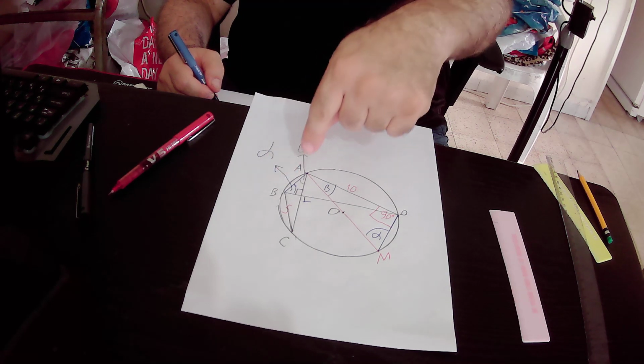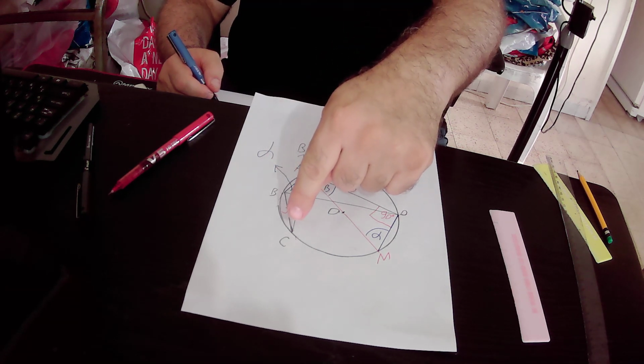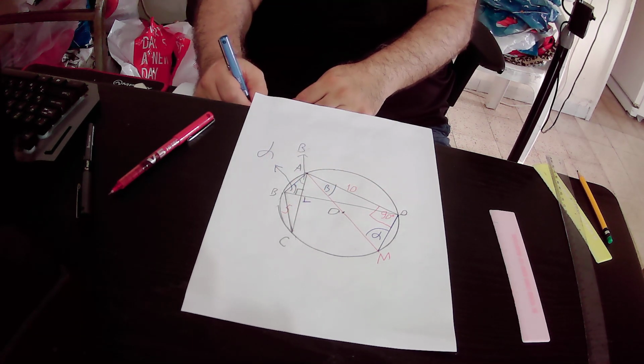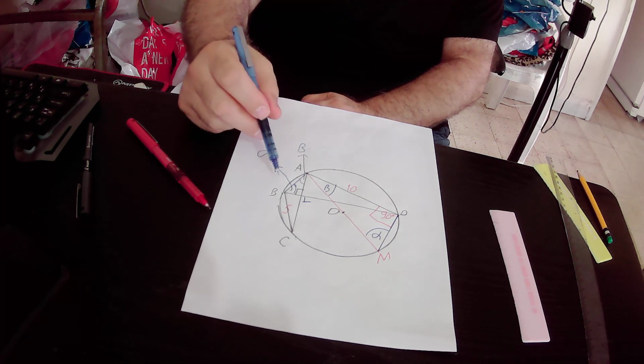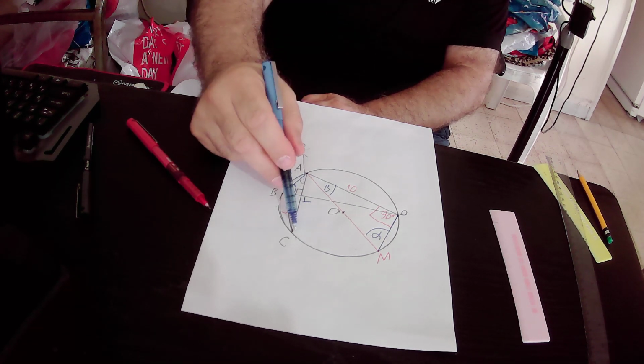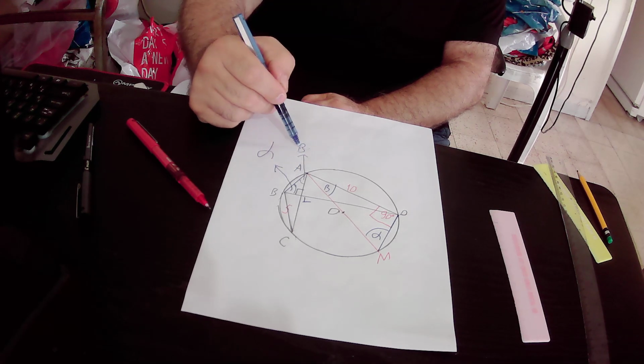Again, angle BAC equals beta, or peripheral angle BAC equals beta.